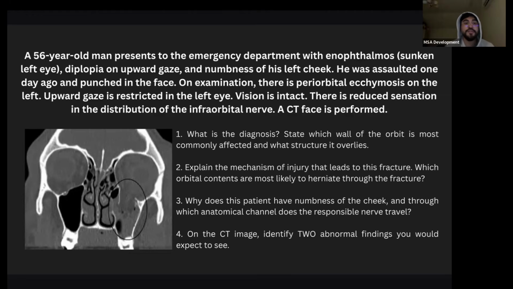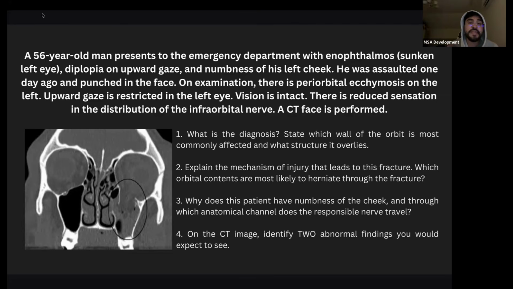A 56-year-old man presents to the emergency department with enophthalmos. So the eye is sunken in a bit. Sunken left eye, diplopia on upward gaze, numbness of his left cheek. He was assaulted a day ago and punched in the face.